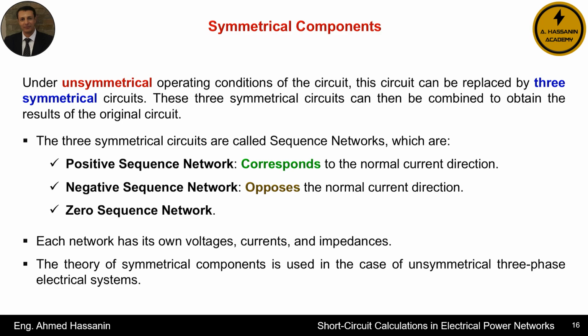The fundamental idea behind the symmetrical components method is that every unbalanced electrical network can actually be represented as three symmetrical networks: positive sequence, negative sequence, and zero sequence networks. By summing these three components, the original unbalanced system is reconstructed.